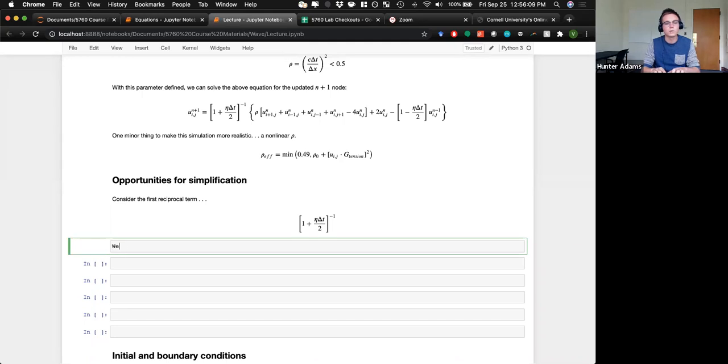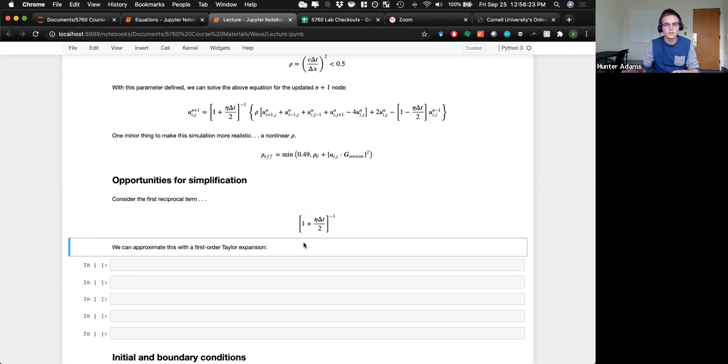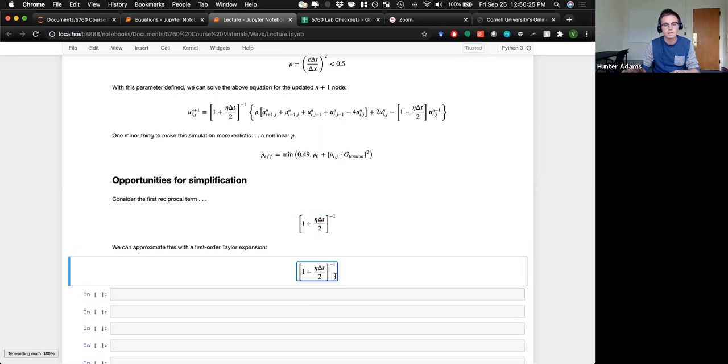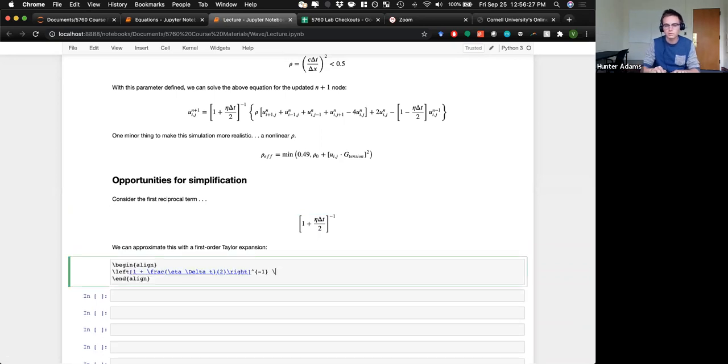So we say that this is approximately equal to 1 minus eta delta t over 2.